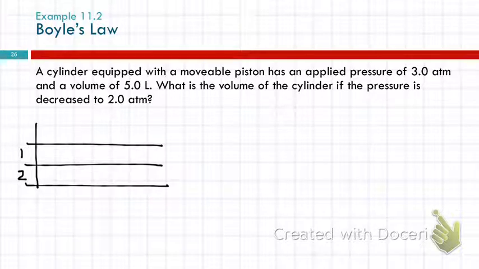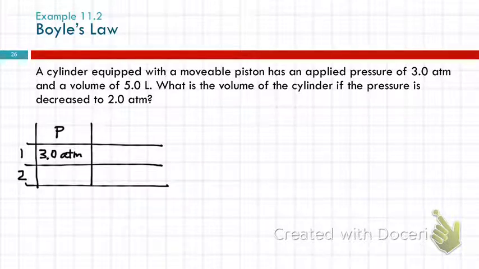So the first number we come to, pressure of 3 atmospheres. So I'm going to write that here, 3.0 atmospheres. And atmosphere is a unit of pressure, and they told me that that was the pressure. So I'm going to call that column pressure. Pressure of 3 atmospheres and volume of 5 liters. Those two go together.